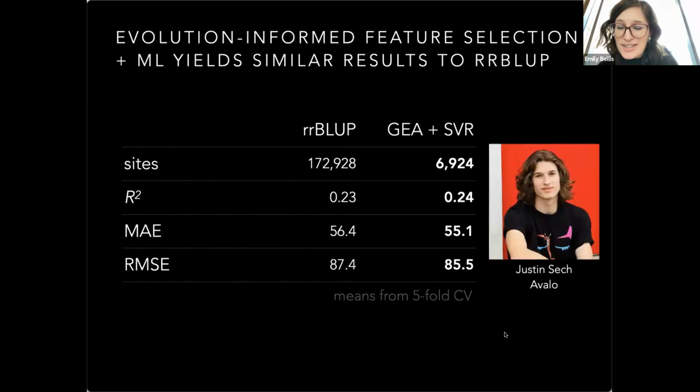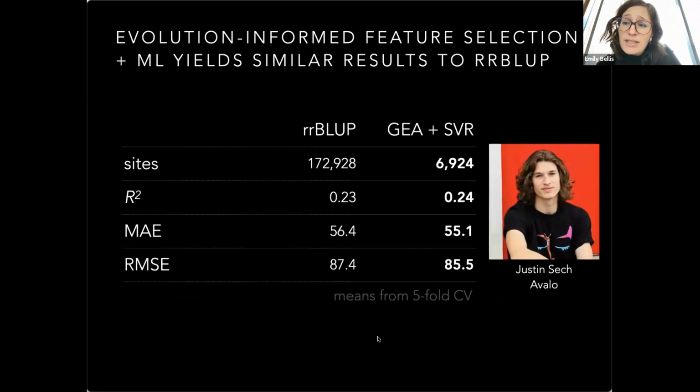And I want to thank Justin, our machine learning specialist at Avalo, for training these models. And what we find is that our approach does use far fewer sites, so around 7,000 compared to 173,000. So that's after a little bit of light LD pruning.